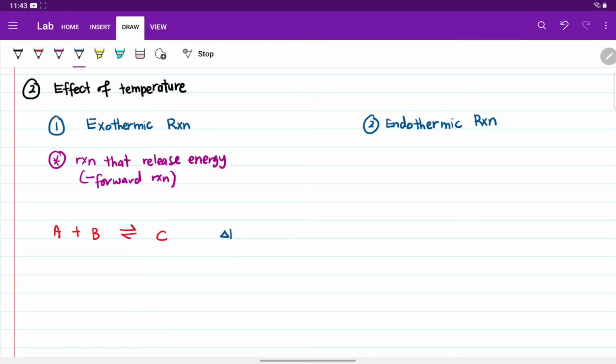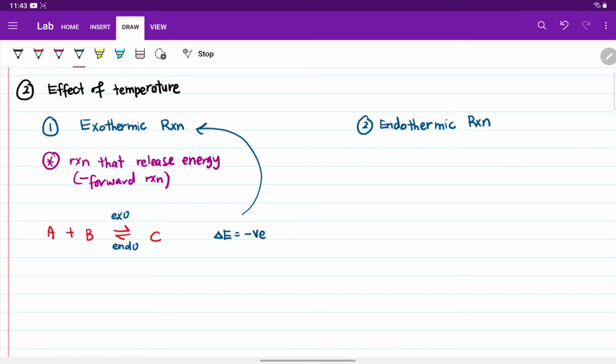Kita tengok dia punya delta E. Delta E, if the value is negative, maksudnya dia adalah exothermic reaction. Jadi bila dia exothermic reaction, dekat sini kita ada arrow. Forward reaction adalah exothermic reaction. Reverse reaction automatically akan jadi endothermic reaction. Awak kena faham yang ni. Bila saya cakap exothermic reaction, maksudnya forward reaction adalah exo, automatically reverse reaction adalah endo.